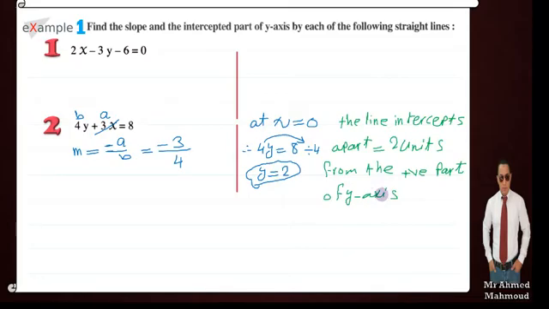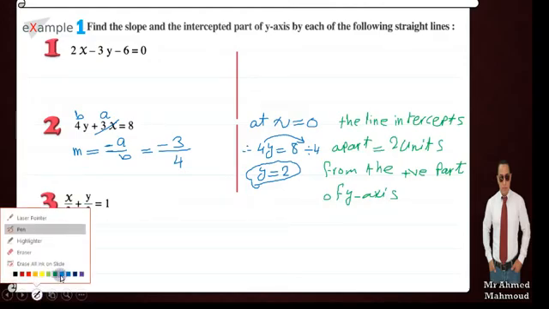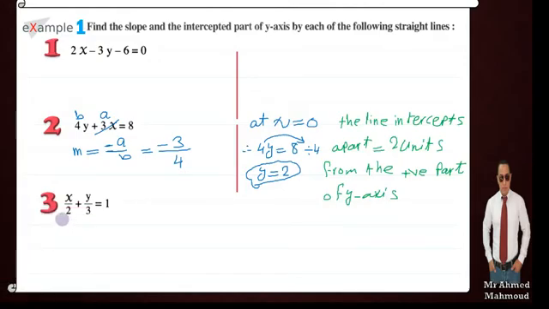Okay, number 3. Here in number 3, the coefficient of x is 1 over 2, then a equals 1 over 2, and b, the coefficient of y, equals 1 over 3.